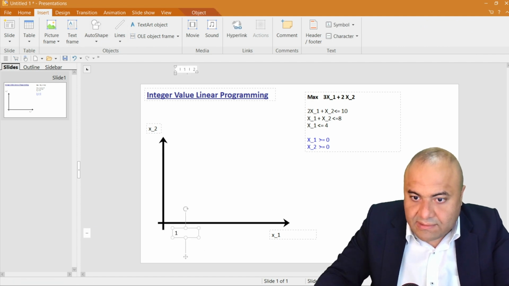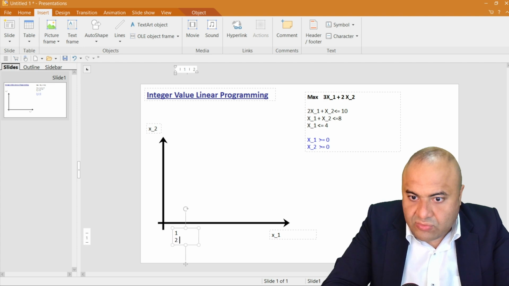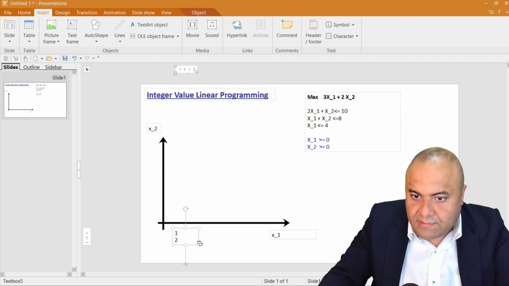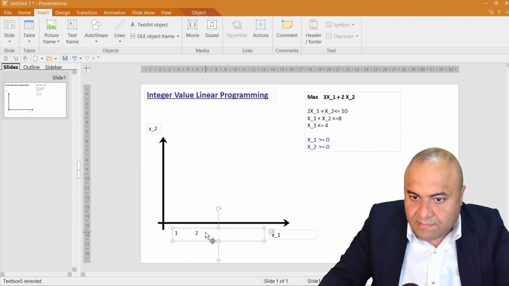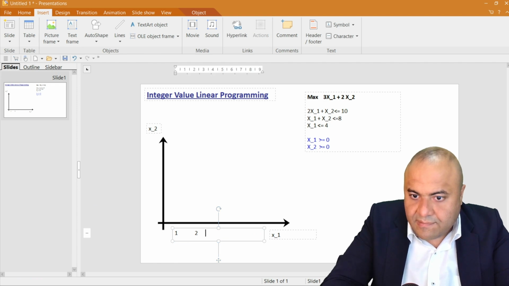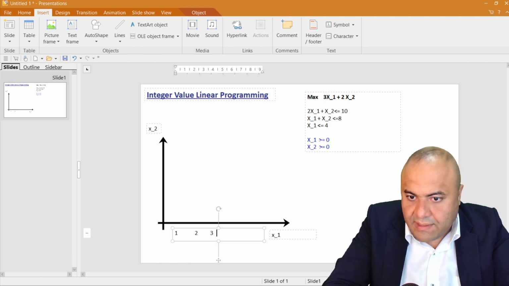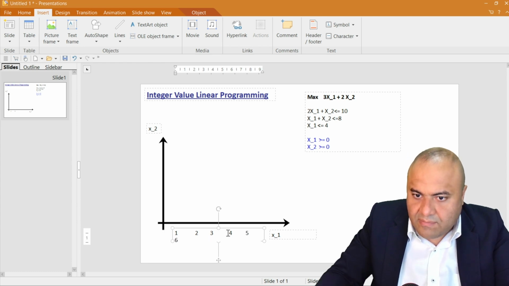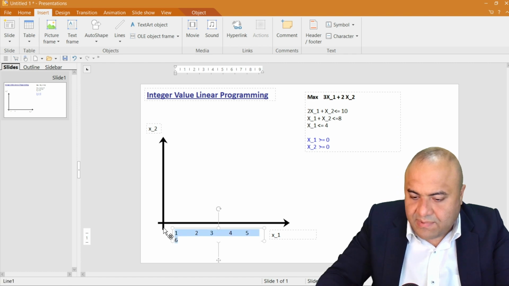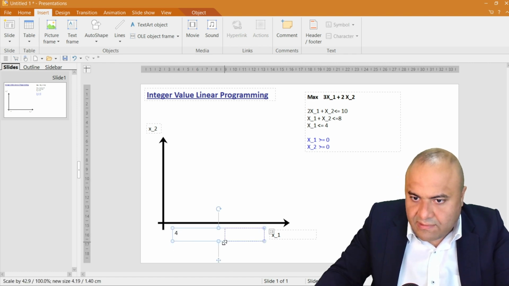Let's say 1, 2, 3, 4, 5, and so on. But actually, just to make it simple, let's just put 4 here.